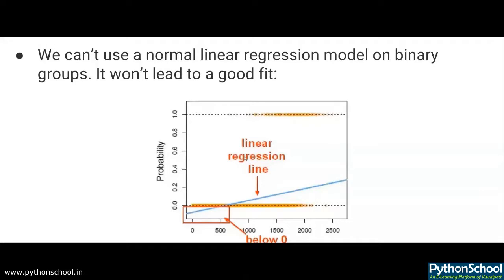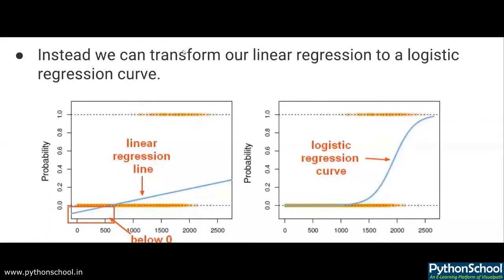And so if this was training data and we are trying to use the linear regression model fit, we would actually end up predicting very bad values. Somewhere the values might even go below 0% probability. So instead, we can transform our linear regression to a logistic regression curve.